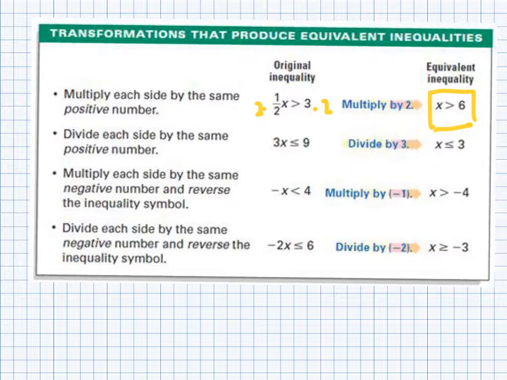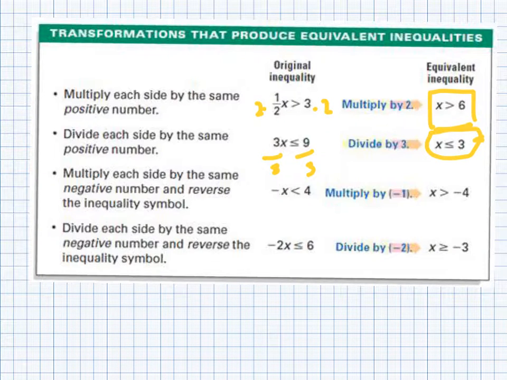Now, on the next one, on the division, it says divide each side by the same positive number. Originally the inequality was 3x is less than or equal to 9. So we divide both sides by 3, and we end up with x is less than or equal to 3. And so nothing changes because we didn't introduce a negative to it.